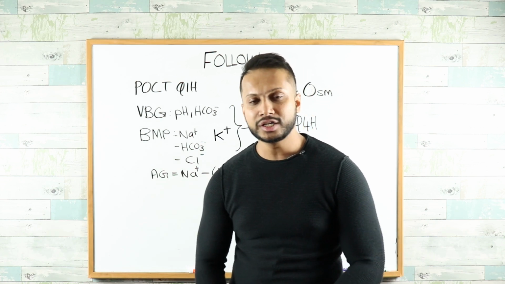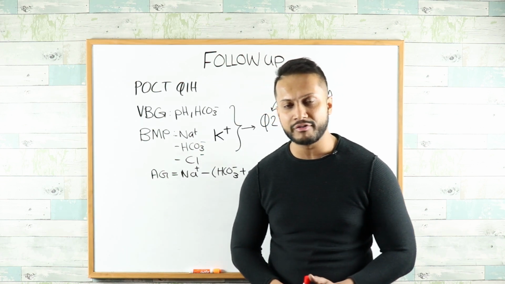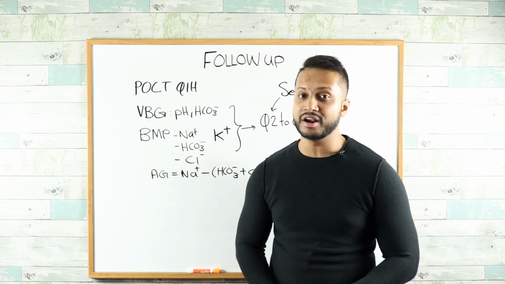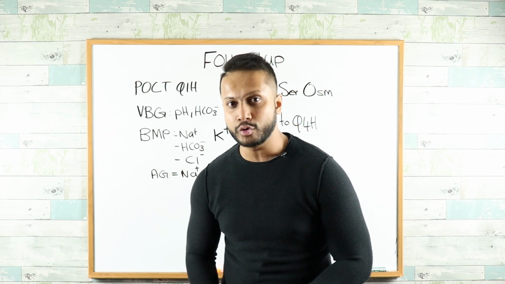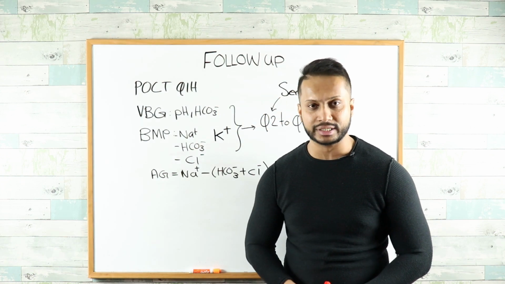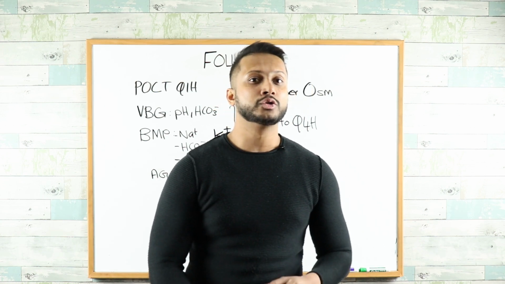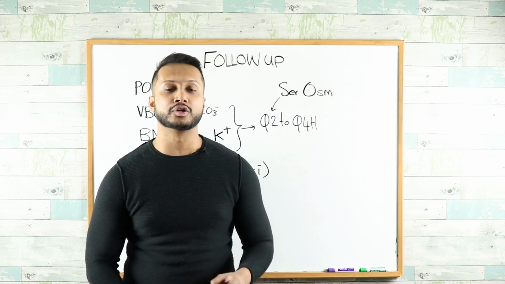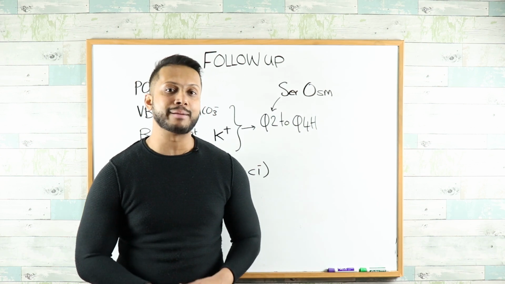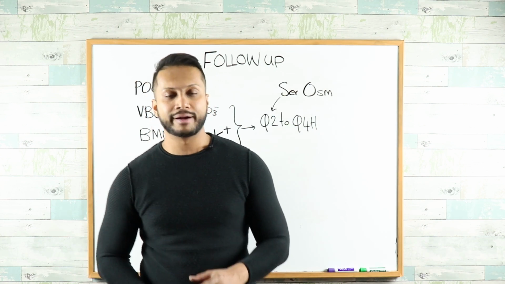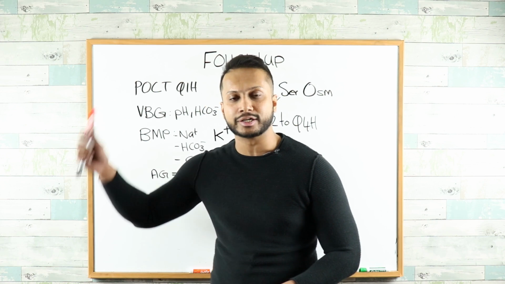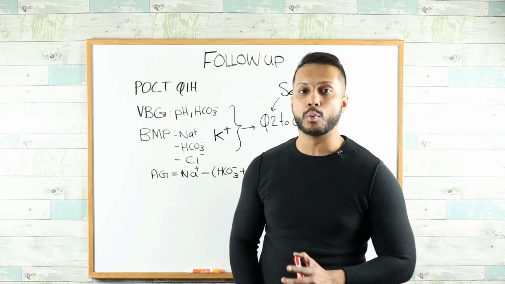Number two, once your blood glucose touches 200 in DKA and 300 in HHS, you have to add D5 to your IV fluids, and you also need to drop your insulin drip rate to 0.02 to 0.05 units per kilogram of body weight per hour. So that's the important reason you're doing your finger stick every hour.